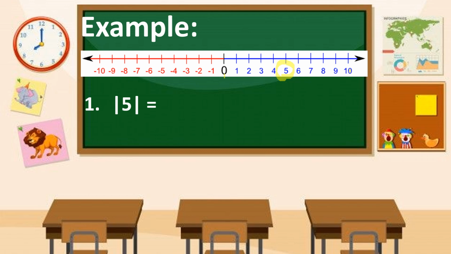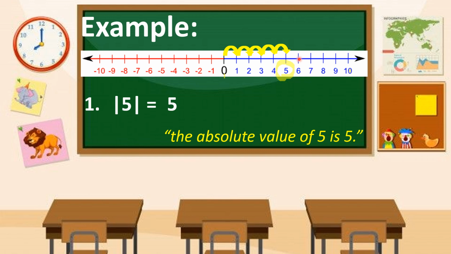Magsisimula tayo kay 0, papunta kay positive 5. So we have 1, 2, 3, 4, 5. So 5 units po yung distance ng 5 from 0. Therefore, the absolute value of 5 is 5.